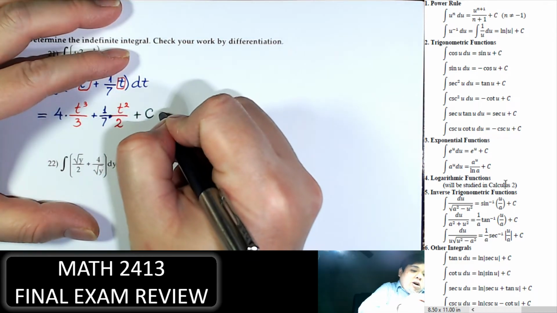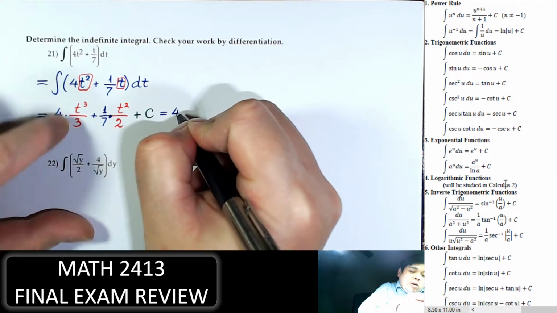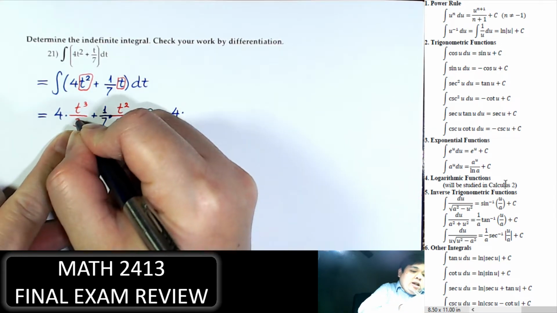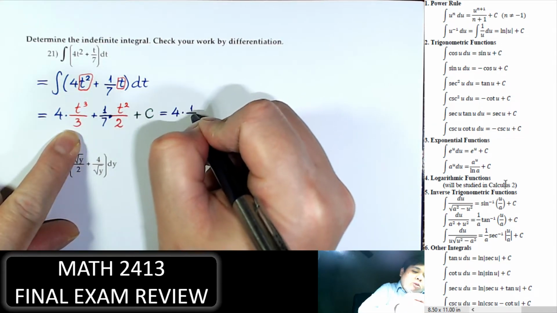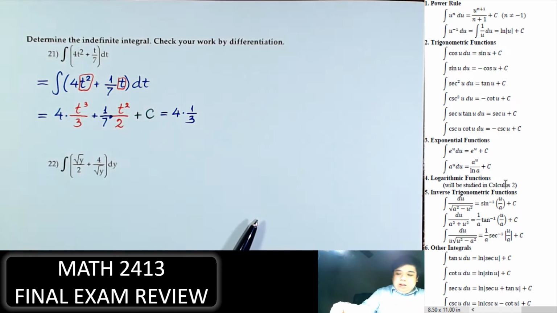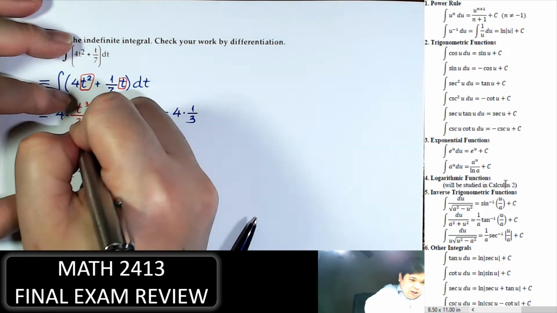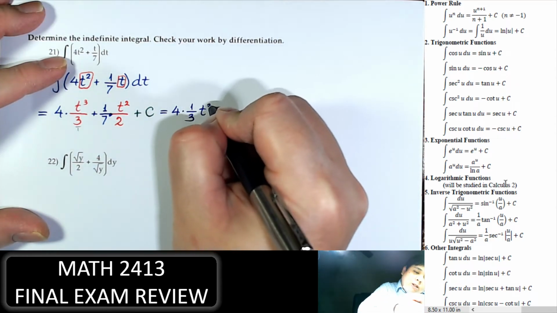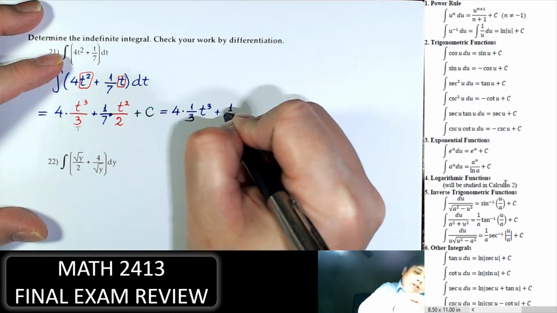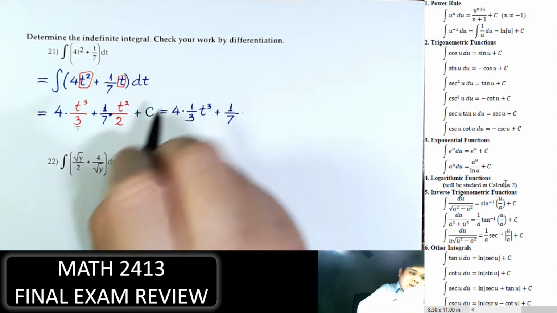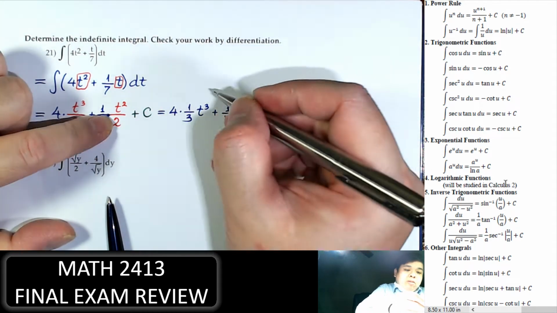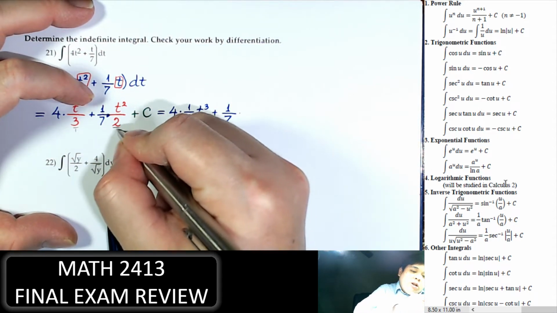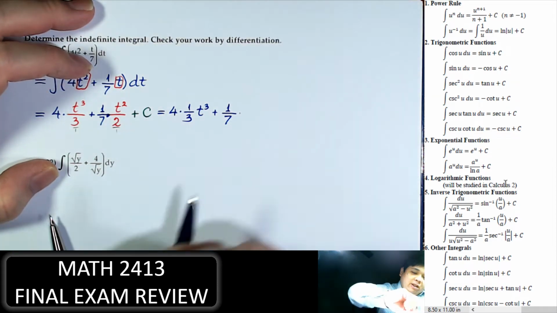Now let's just rewrite this. Dividing by 3 is multiplying by the reciprocal. Make it 3/1. So multiply by 1/3. t cubed, 1/7. The 2 at the bottom, divide by 2, multiply by 1/2.